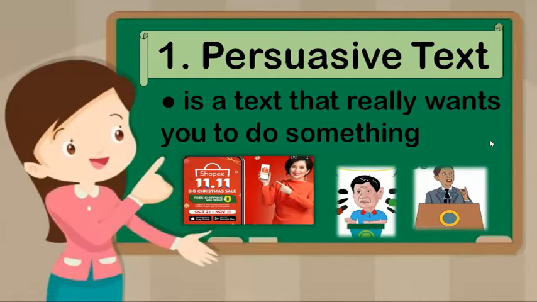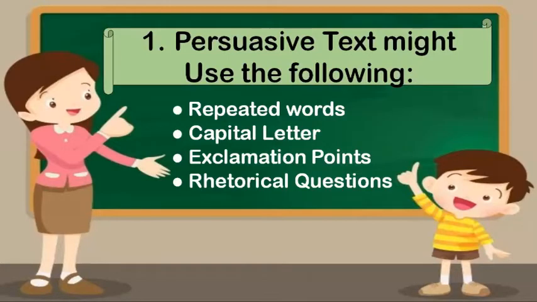In this kind of advertisement, the seller in Shopee, for example, wants you to do something with your money, that is, to buy more in Shopee using the Shopee app. So that is persuasive text.